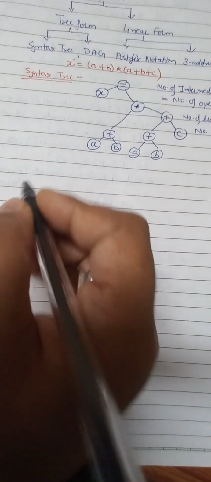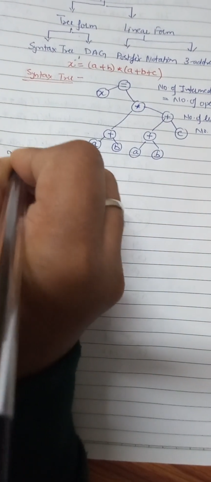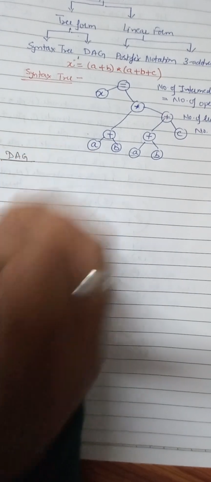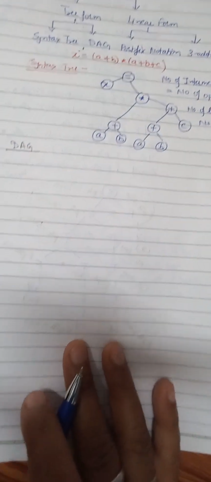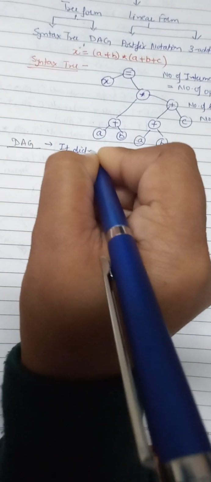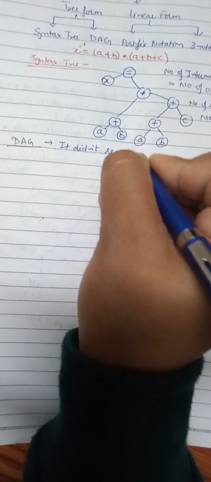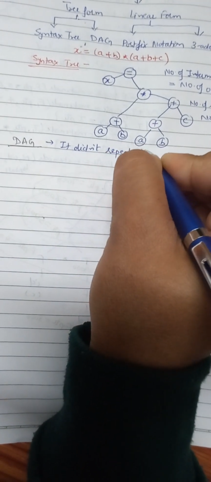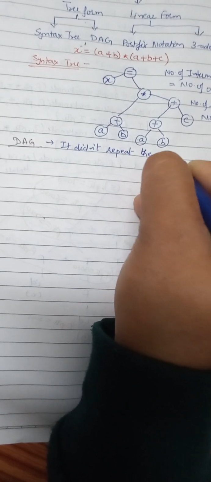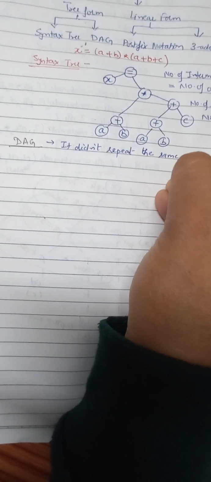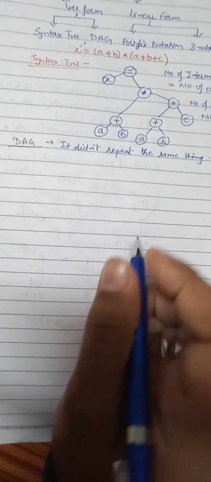Now we come to DAG. How can we represent it? We can say it doesn't repeat the same thing.